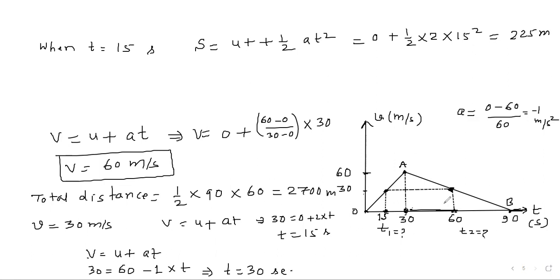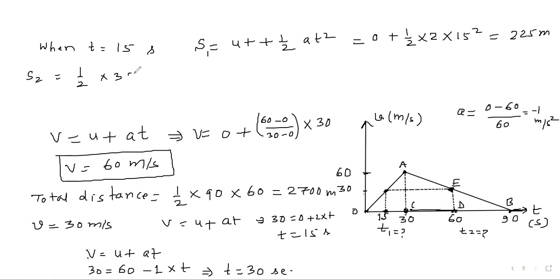Now we have to find out the distance traveled corresponding to this point. There are many ways to evaluate it. Like we evaluate the triangle OAC, its area, and then the trapezium. Suppose this is G, this is C. So this was S1, now S2. So we can try: 1 by 2 area of triangle.